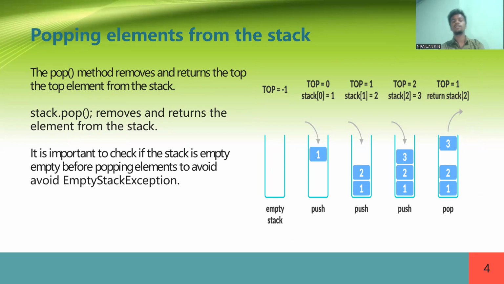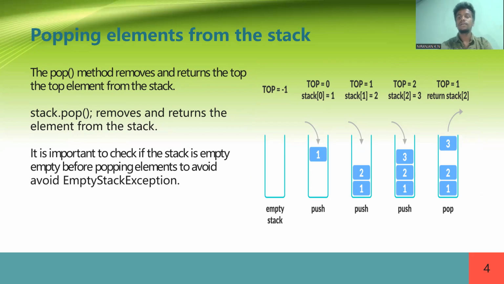So we can see in the image, the first is an empty stack, where top is equal to -1. If an element is pushed into it, the top will be 0 and the stack size will be 1. If the second element is pushed into the stack, then the top will be 1 and the stack size will be 2.